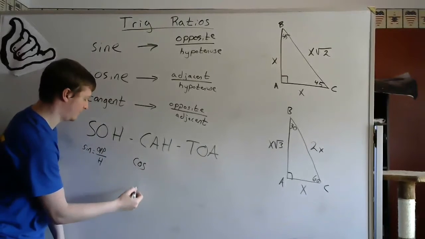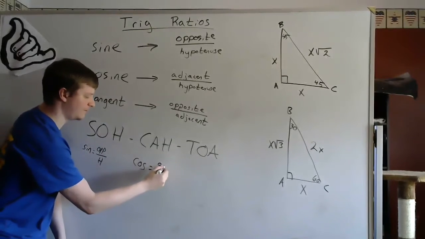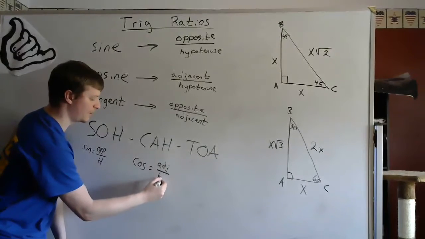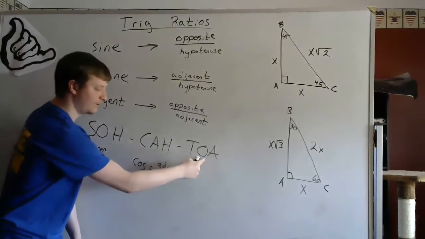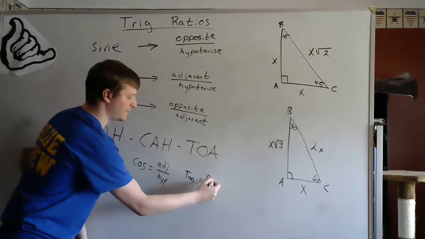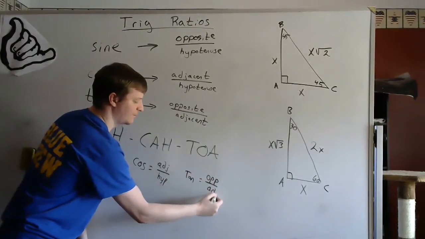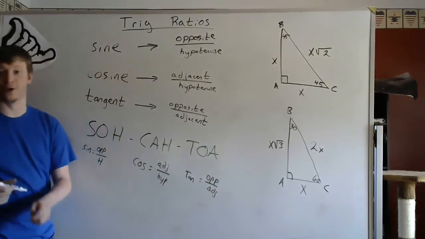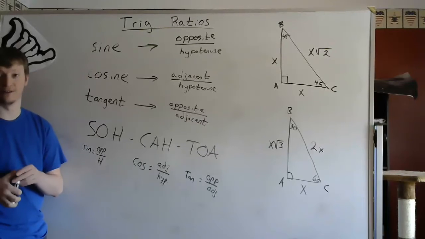CAH: cosine, adjacent over hypotenuse. TOA: tangent, opposite over adjacent. So, SOH-CAH-TOA.